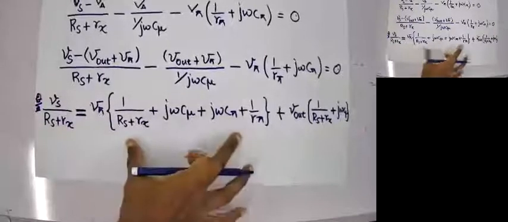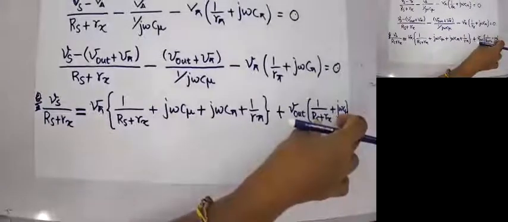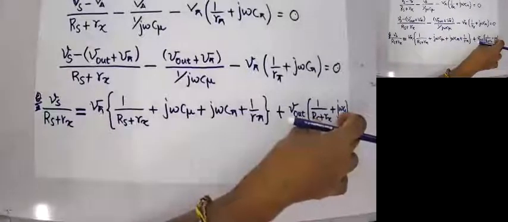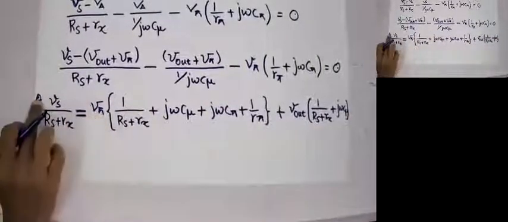So this becomes Vs divided by Rs plus Rx equal to V pi into the whole term, V out into the whole term. Right, now what we need is, we have to calculate V pi in terms of Vs, so V out, and then substitute in this equation, you will get the answer. So we'll keep this one separately.